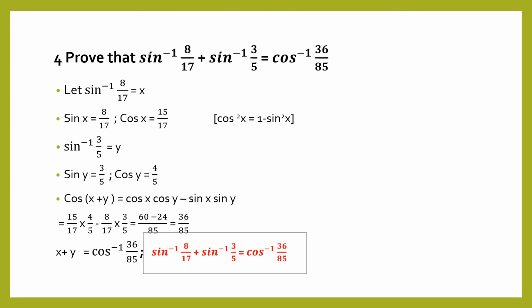Cos x is 15 by 17 into cos y, that is 4 by 5, minus sin x is 8 by 17 into sin y, that is 3 by 5. Upon simplification we are getting 36 by 85. So we are getting cos x plus y is equal to 36 by 85. So x plus y equal to cos inverse 36 by 85.